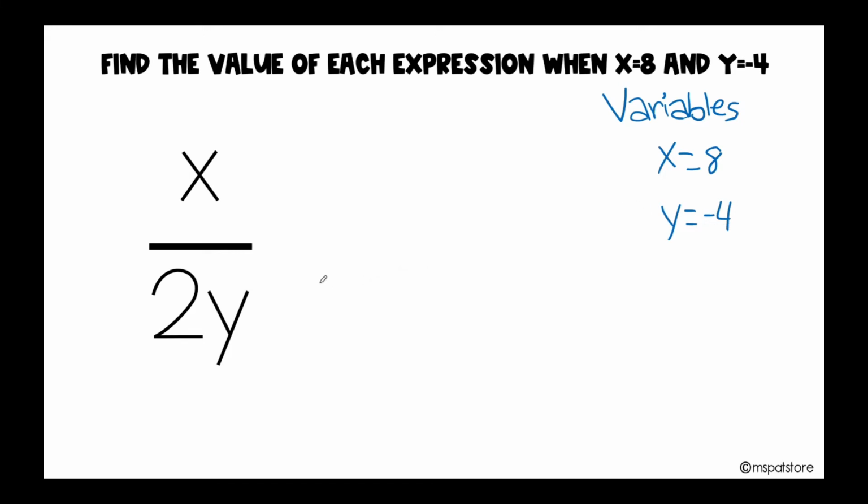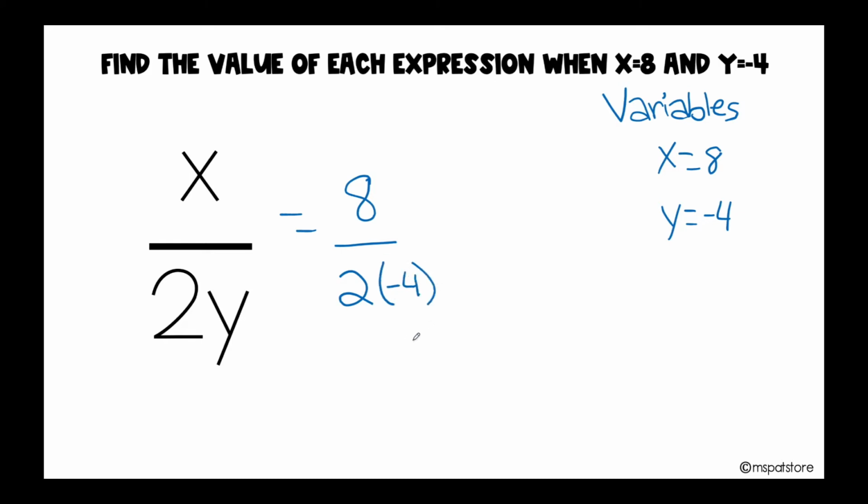So what I want you to do is substitute those variables to get rid of them. Instead of x, 8, divided by 2, and then y, there's no sign here. That means multiplication. So it will be plus 2 times -4.